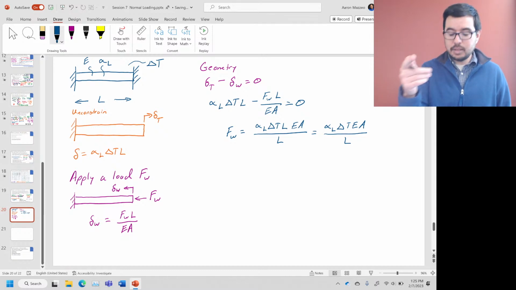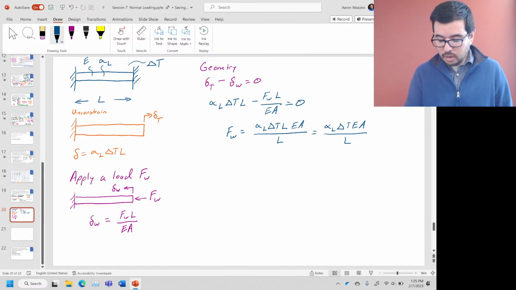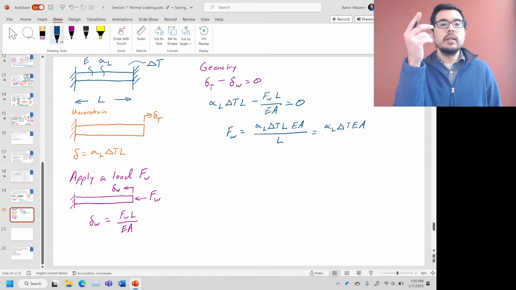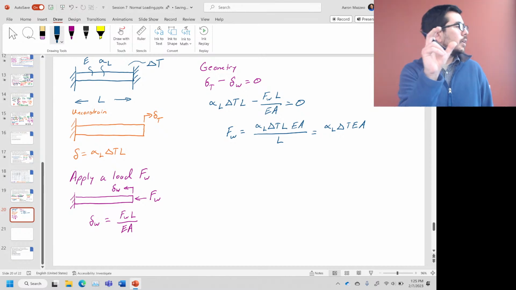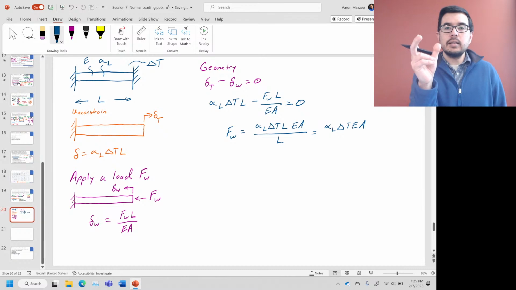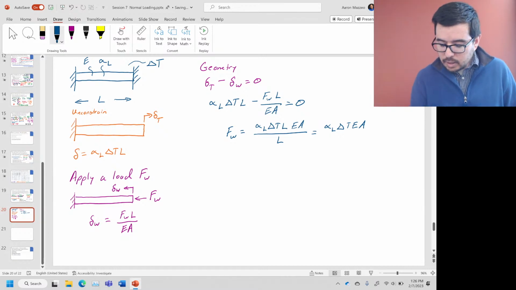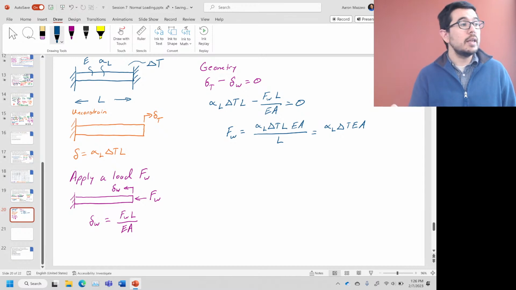Doesn't the L in the denominator cancel out? Oh yeah, that's right. Thanks. So the force can counteract this thermal strain and can be considered a stress.